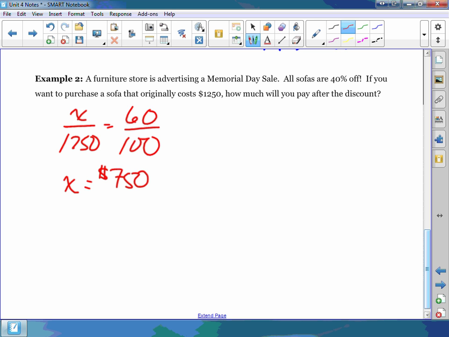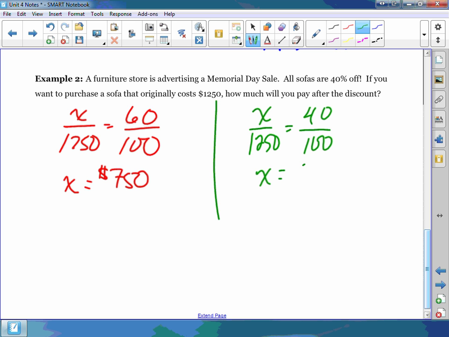That's another way. Ben, you got a different way? So Ben's looking at it like, I'm going to find the amount that it's discounted. And what is that amount, Ben? Okay. So $1250, take away your discount amount, $500, and that's your $750.